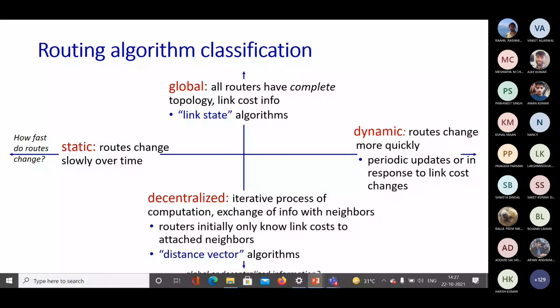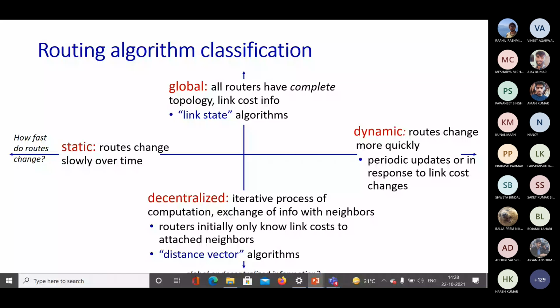If somebody is connected via several hops, then you don't know the information of those other hosts directly. If a particular host A is directly connected to other hosts like B and C, then from B, A will get the information of all other hosts which are again directly connected to B.